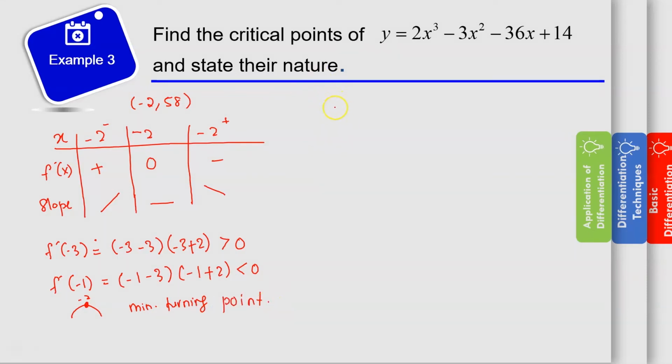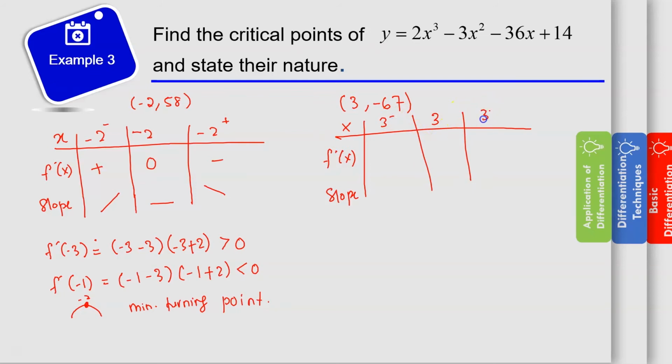And then for our second critical point, that is 3, negative 67, we draw a table x, f prime x, and then we check for the slope. Here we have 3 on the negative side, and here 3 on the positive side. When we check, for example, 3 on the negative side, I can choose the value 2.